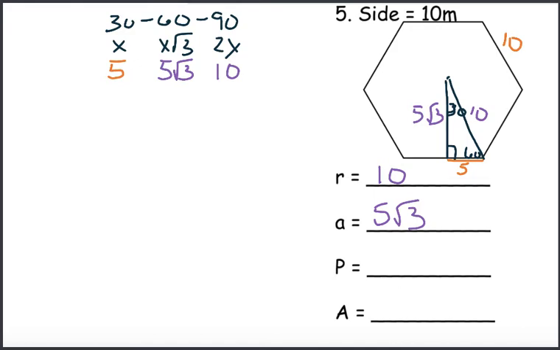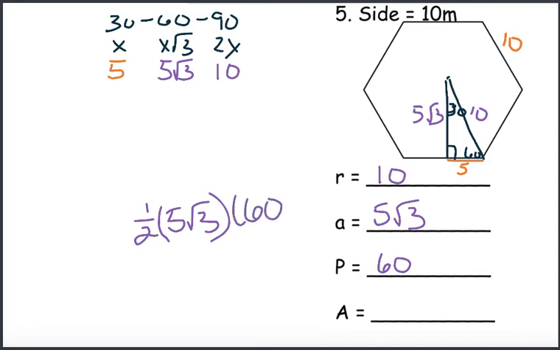The perimeter is found by adding up all the sides. And since all of the sides are 10 in length and I have 6 of them, the perimeter is 60. So for the area here, 1/2 apothem, 5 root 3, times perimeter of 60. So this time I wrote it like it was written on the paper with the 1/2.